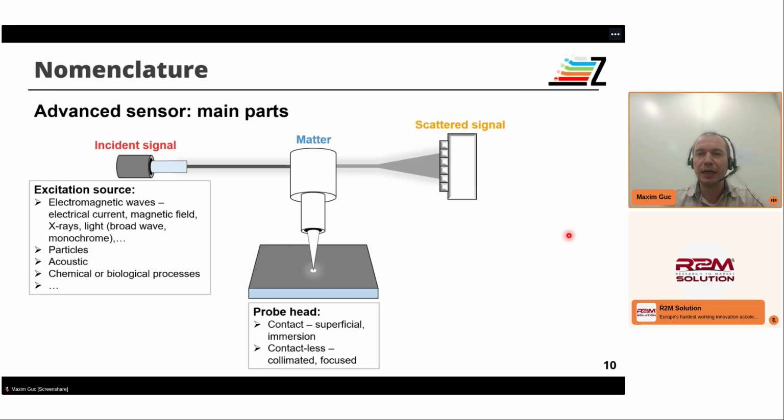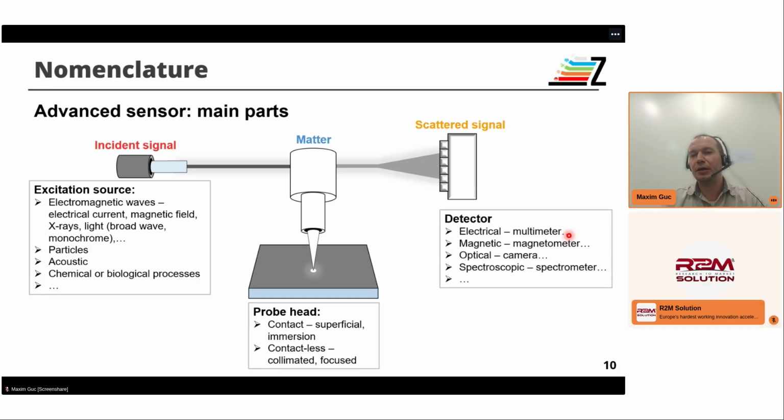And then, of course, we have detectors that detect the reaction of the material of our sample to the incident signal. They can measure electrical signals, magnetic signals, optical, spectroscopic, or whatever. So there is also quite a big variety of different types of detectors.